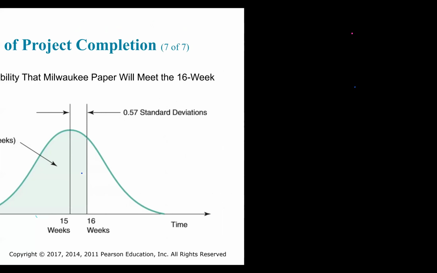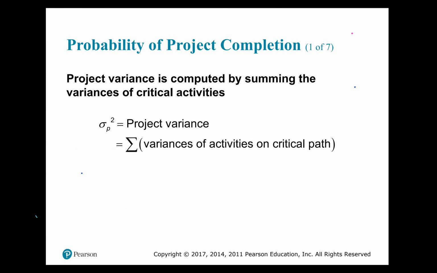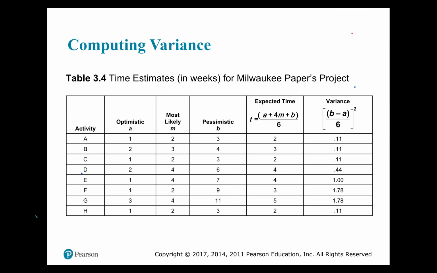All right, so let me just check that. All right, so having the expected time, you draw your network, following the same precedence relationship that you had at the beginning.